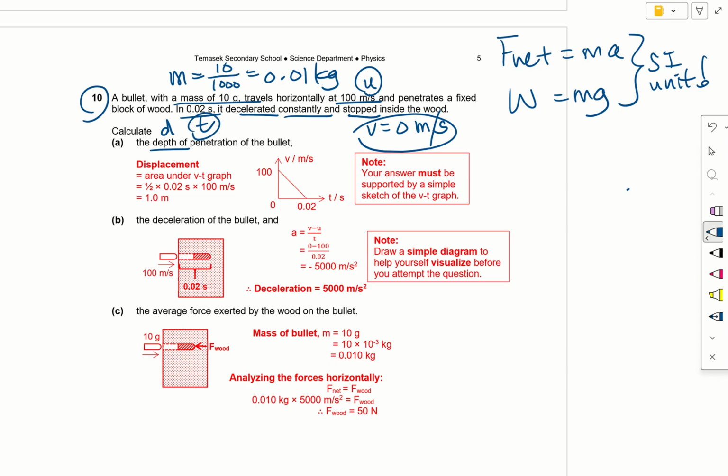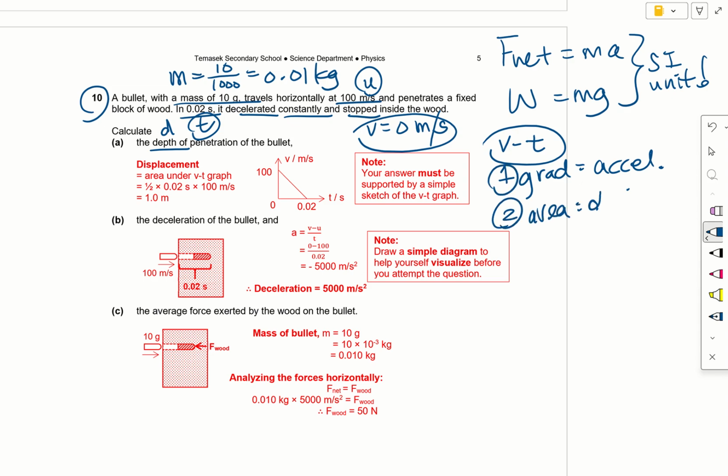And v-t graph, what is important? If you have forgotten, firstly, the gradient represents acceleration. Secondly, the area under graph is the distance traveled. Since they're asking for the depth, which is actually the distance, we can use the area under the v-t graph to calculate.